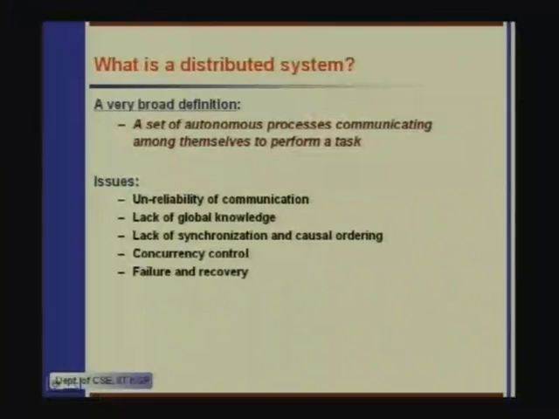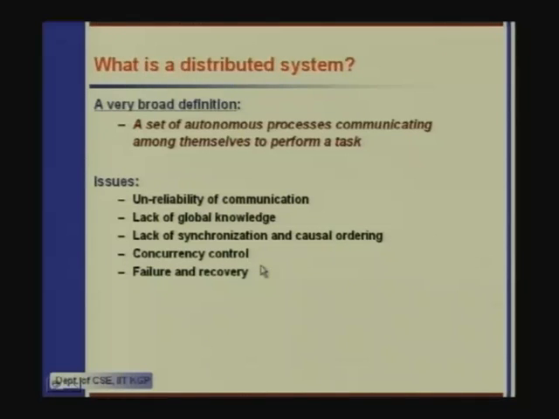So, whenever you have different processes running under different clocks with different notions of time, then causality is a very important thing. When we try to say that this should happen after that, how do we implement that after, because they are running on different clocks? So that is another problem: lack of synchronization and causal ordering.